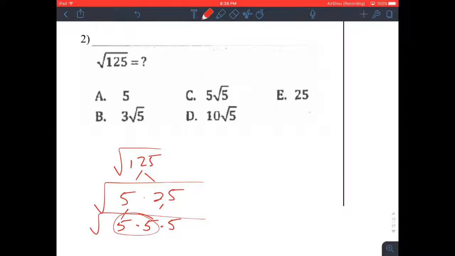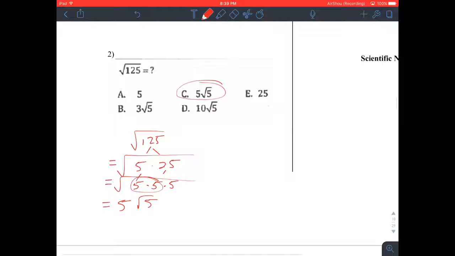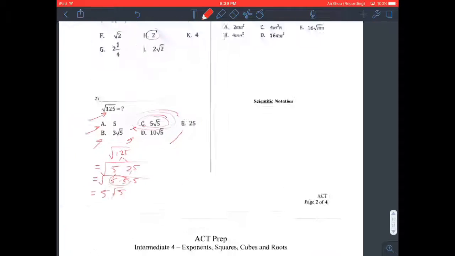Got a pair of 5s, put 1 5 on the outside. Anything uncircled stays on the inside, so it's 5 square roots of 5. Once again, if that's too much for you, put it into your calculator. Square root of 125 in your calculator, hit enter, write down the decimal, and then check each of these answers to see which one of those gives you the same decimal. You'll find that C does.